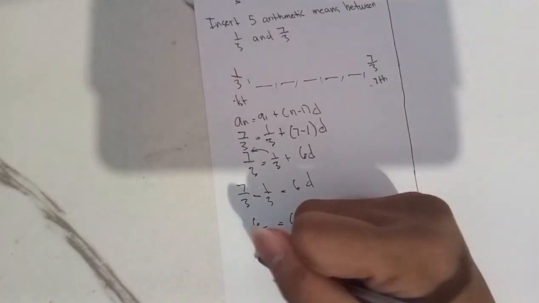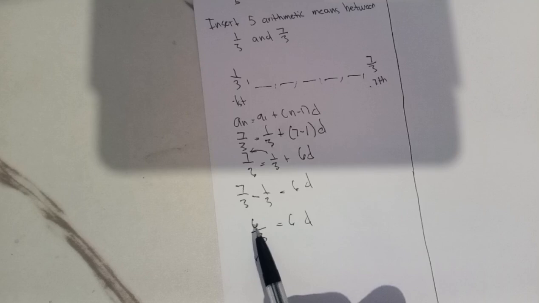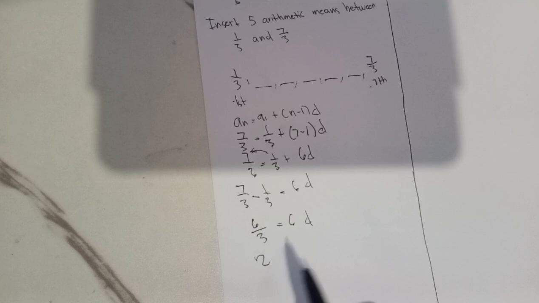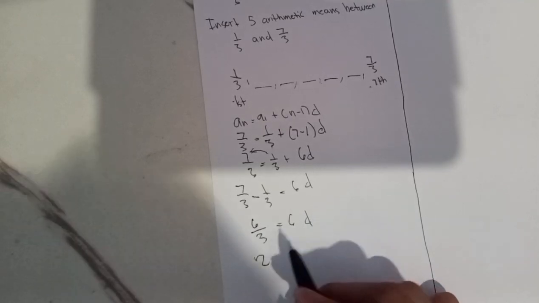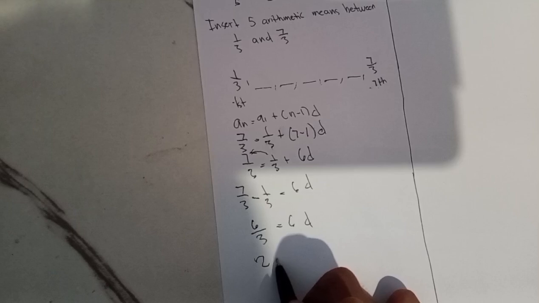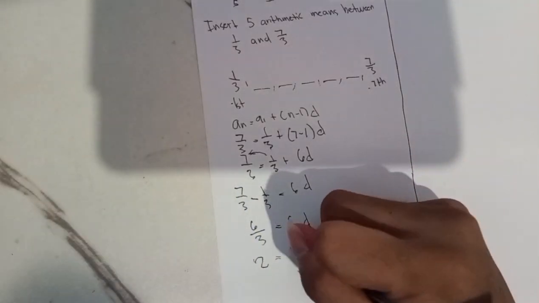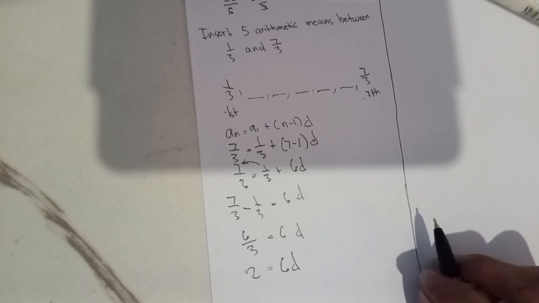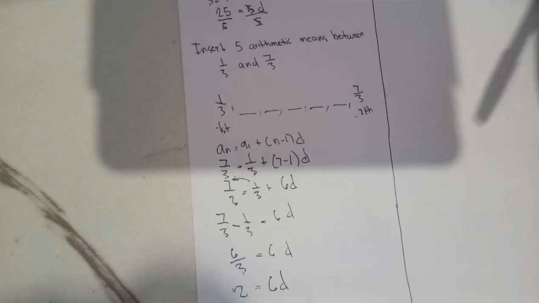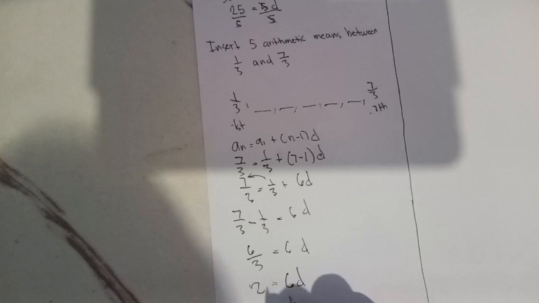So, we will write 2. Since 6/3 is just 2, we divide 6 by 3, and we will get 2. So, yan yung paano natin na-derive si 2. So, equal to, again, 6d. Now, divide both sides by 6 in order to isolate d.